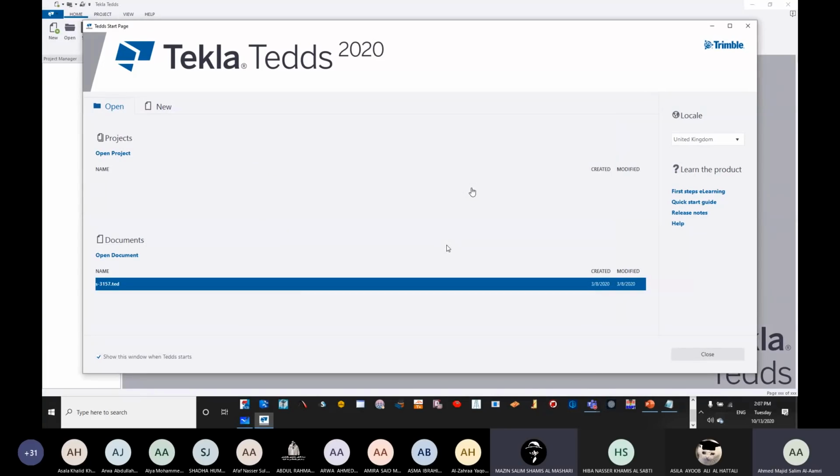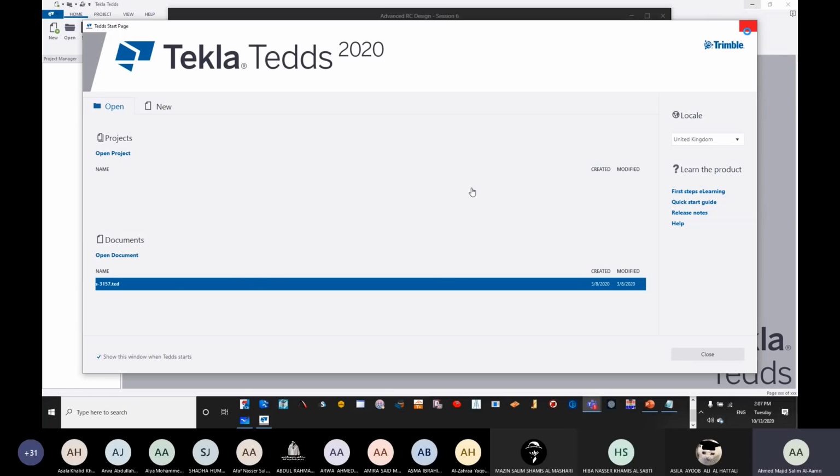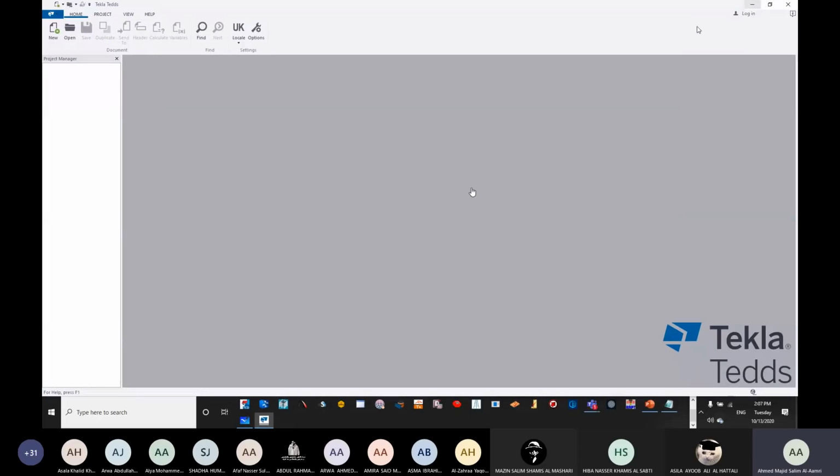So this is Tekla. This is whatever we call Tekla TEDs. There are three major software for Tekla. There is Tekla TEDs, where it carries the manual calculation. There is Tekla structures, which is for detailing, and there is another one which is Tekla structural design for designing.